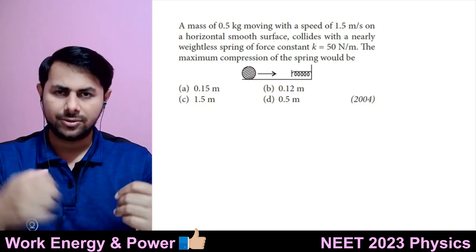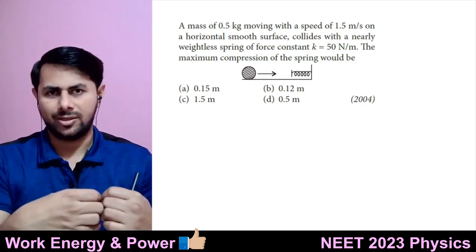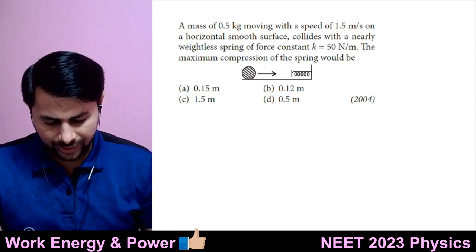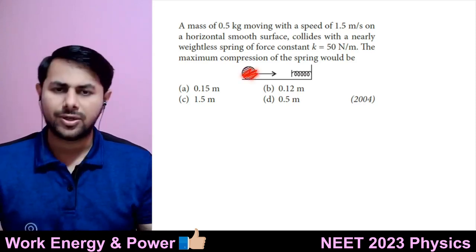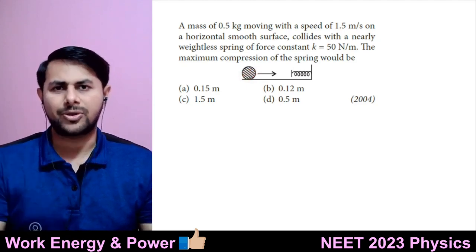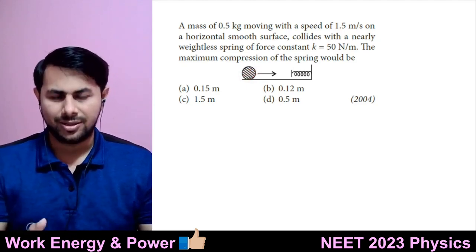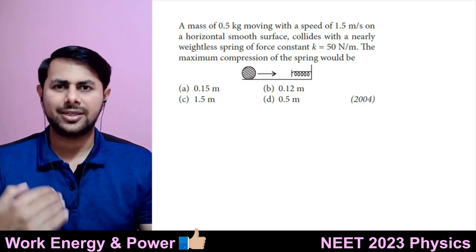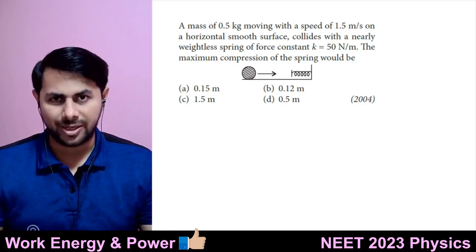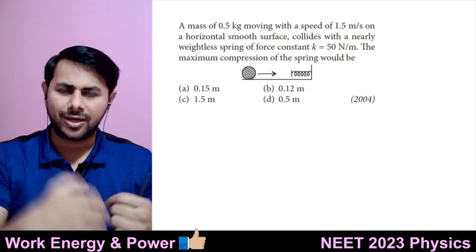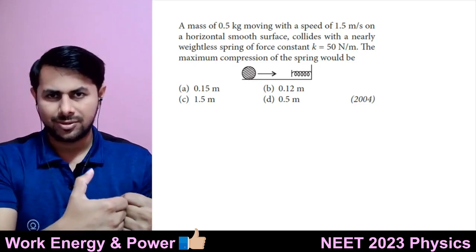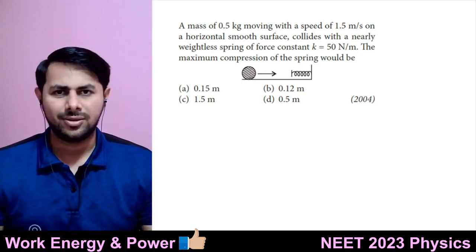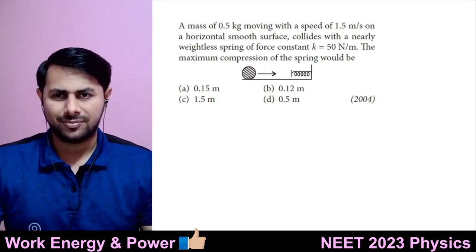Now this mass is doing some work on the spring because it is compressing the spring. So its energy slowly gets converted to the potential energy of the spring. It is losing kinetic energy, and that kinetic energy gets converted to the potential energy of the spring. There will be one point where the mass will stop, when its total kinetic energy gets converted to the potential energy of the spring.